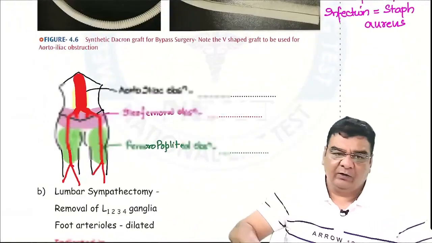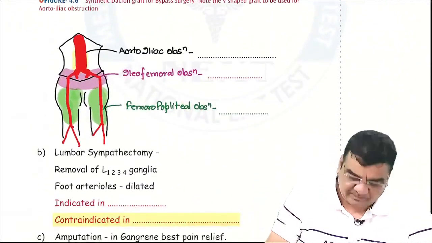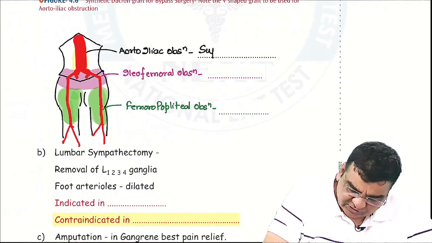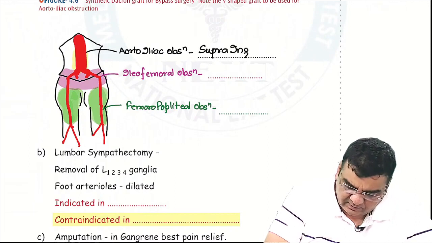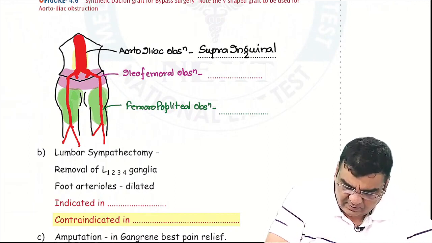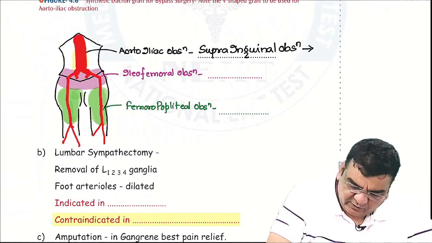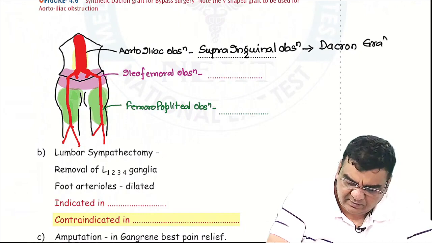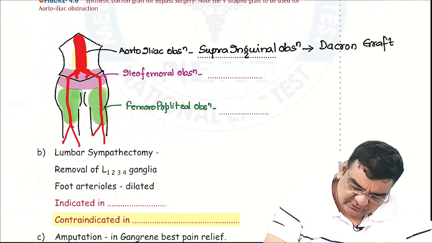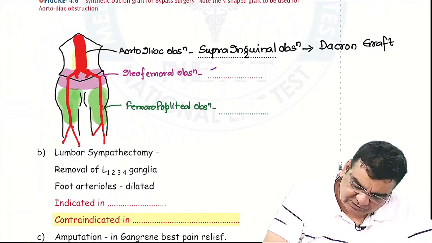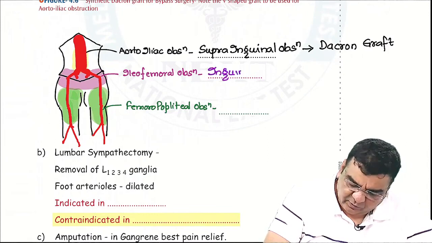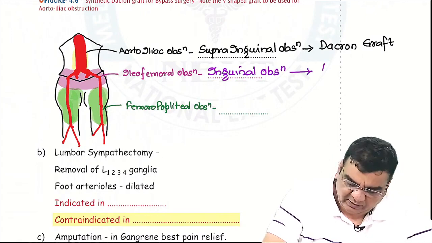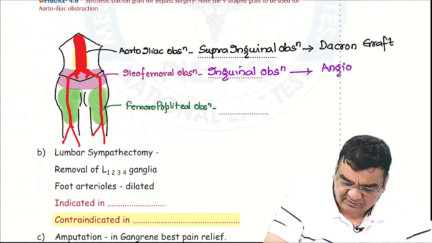So if there is an aortoiliac obstruction, that is a suprainguinal obstruction, then we use a Dacron graft. If there is an iliofemoral obstruction, that is an inguinal obstruction, then we do angioplasty.